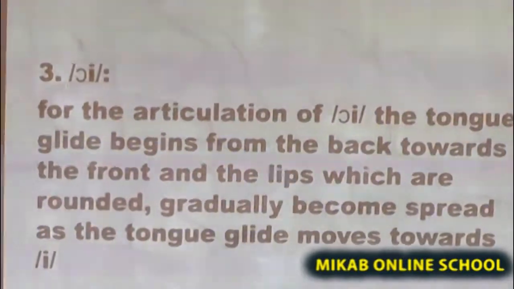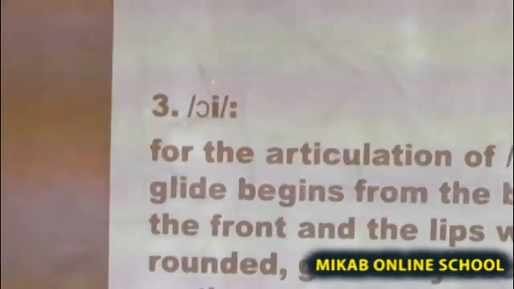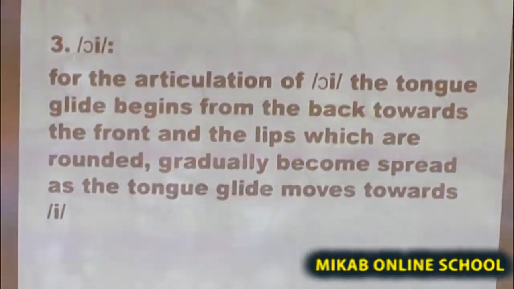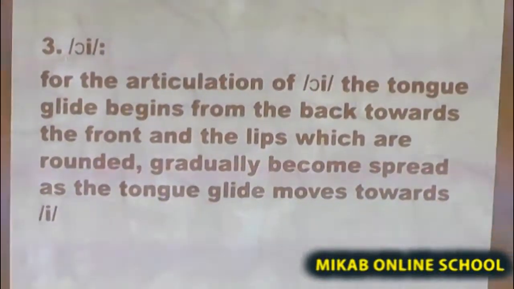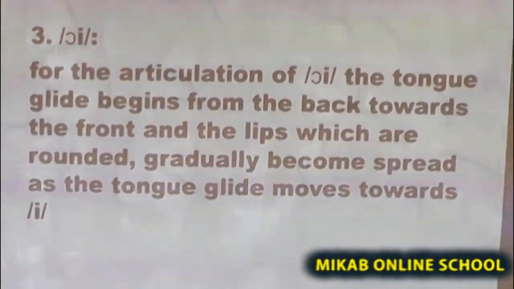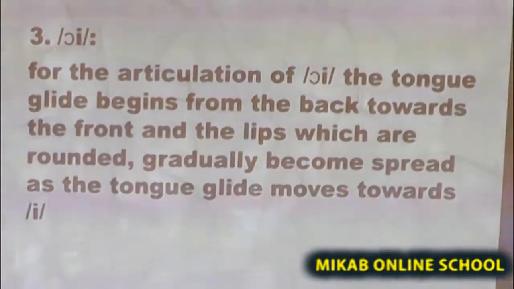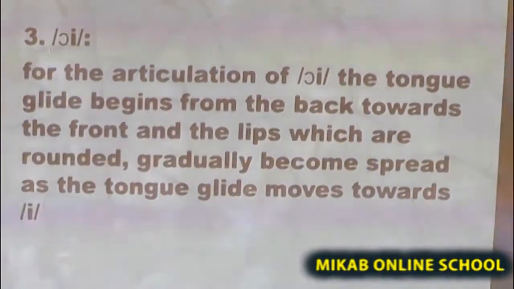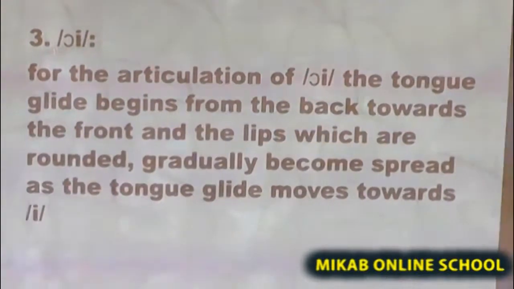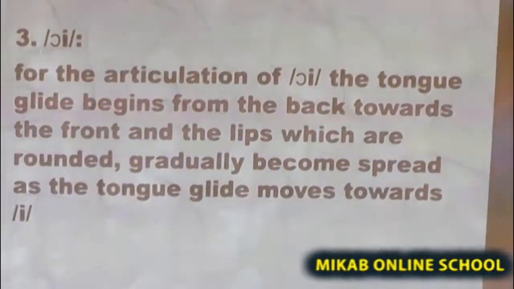The third one, we have this sound. If you look at this, we've treated O, the first phonetic symbol, and the second one, E. When you bring the two together, it becomes oil. Here, the tongue glide begins from the back towards the front, and the lips, which are rounded, gradually become spread as the tongue glide moves towards the E sound.